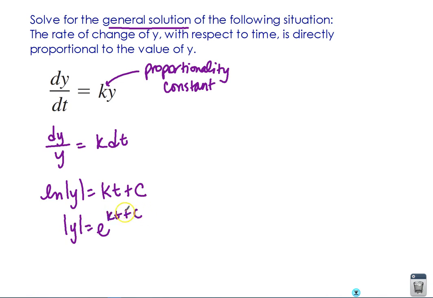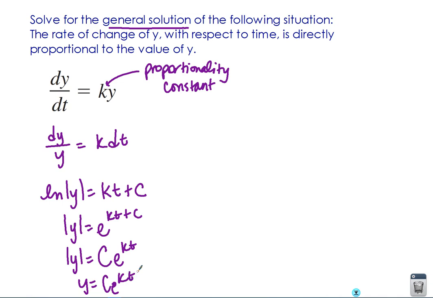Now remember from earlier in the video, when I have this c right here, I can rewrite that as capital C e to the kt, and then here I can just drop the absolute value because that's going to change depending on my initial condition.